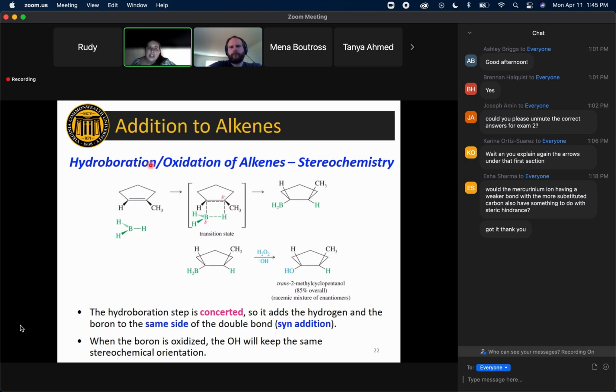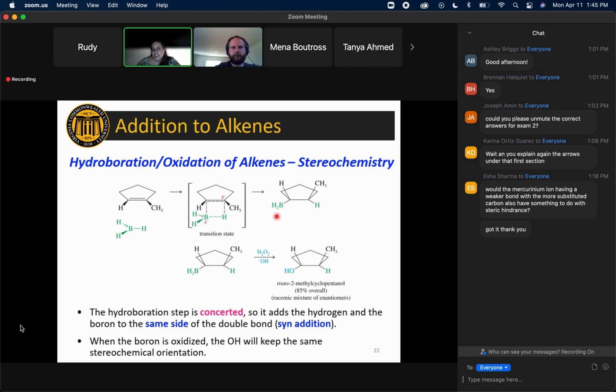So what we've done in our hydroboration oxidation sequence is that we've actually created 2 chiral centers in the case of this molecule. We've created them very specifically in an orientation relative to each other. Okay, so we've created 2 new chiral centers. We've done our BH3 addition because it's concerted.